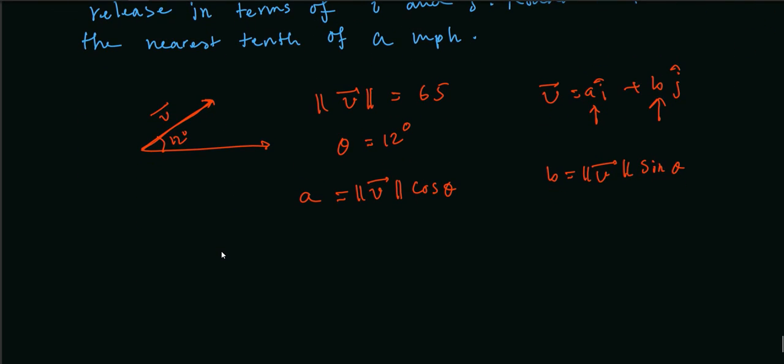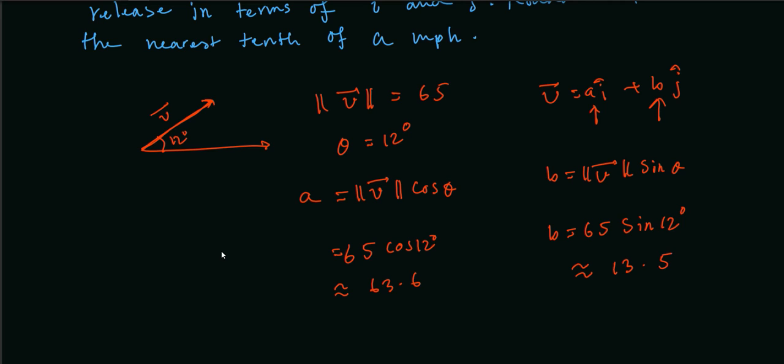Now it's time to just substitute the values. So a equals 65 cosine 12 degrees, b equals 65 sine of 12 degrees. If you use your calculator, you should get a approximately equal to 63.6, and b approximately equal to 13.5.